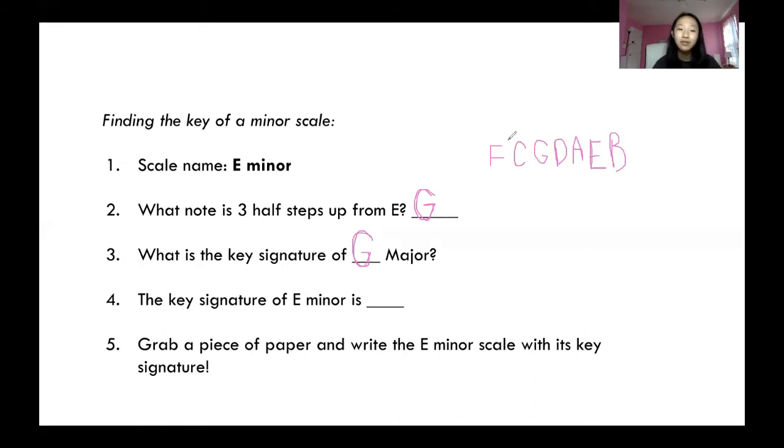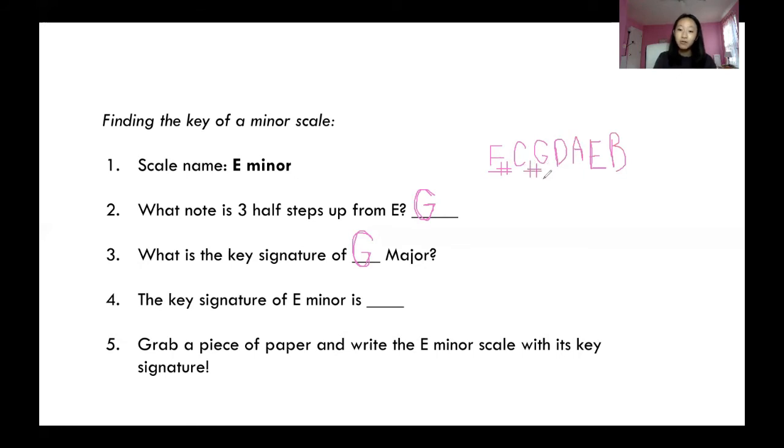So remember the rule for finding the number of sharps in a major key is that the last sharp has to be a half step below what the actual key is. So these are all sharp, like F sharp, C sharp, and I'm not going to write the rest of them just to save time.